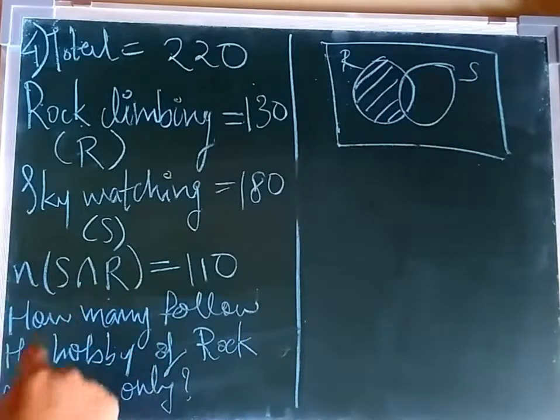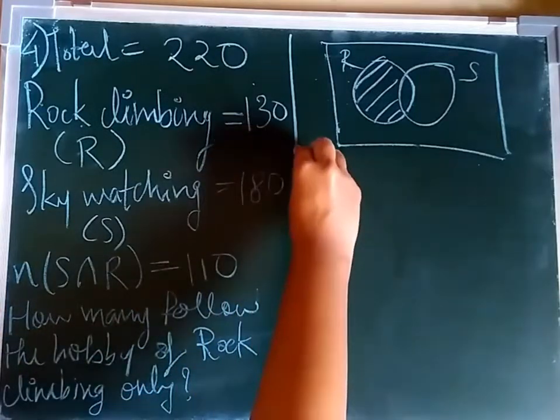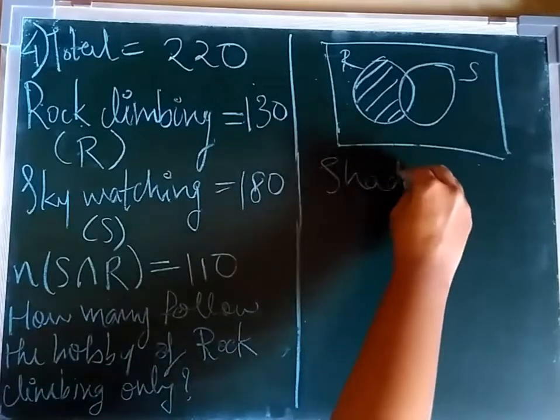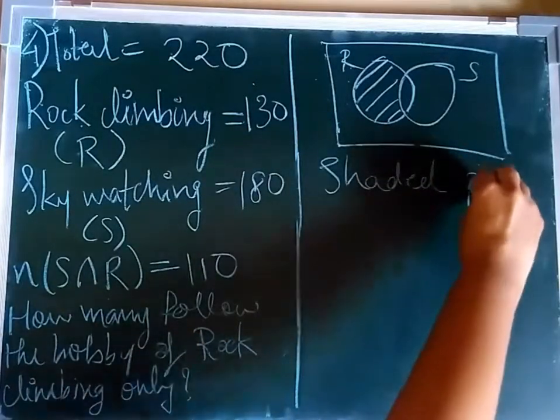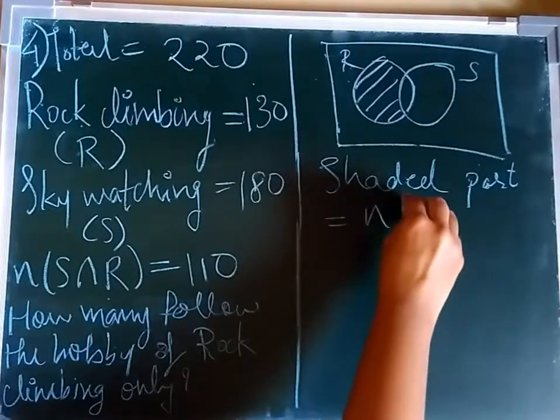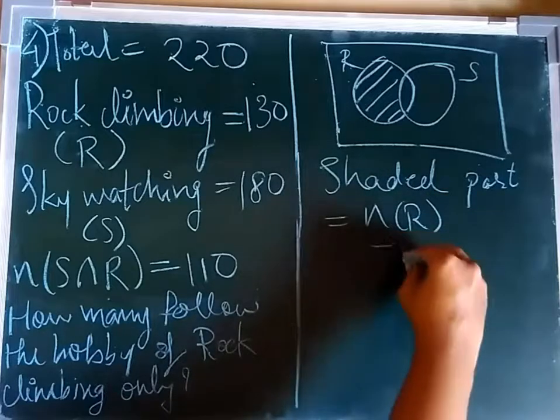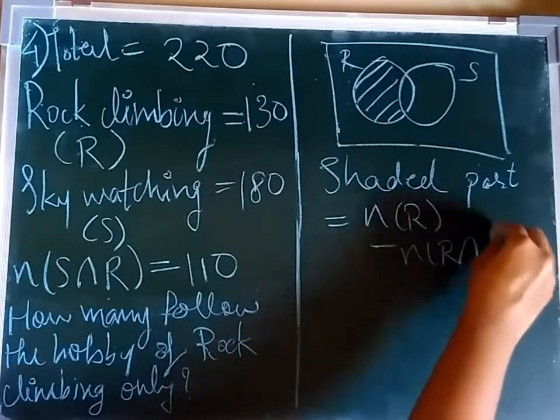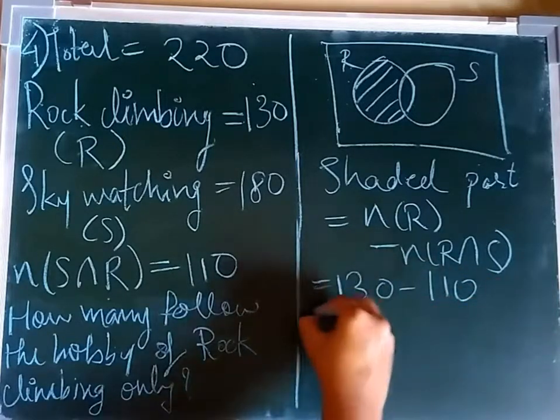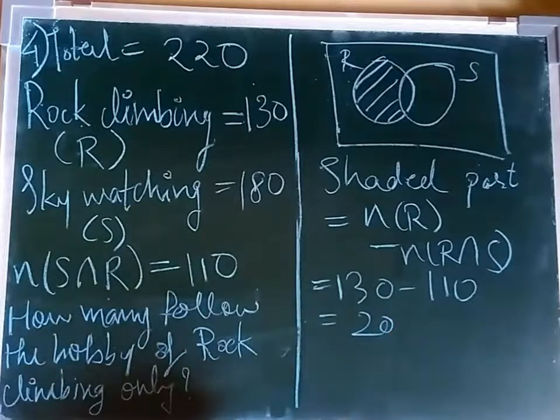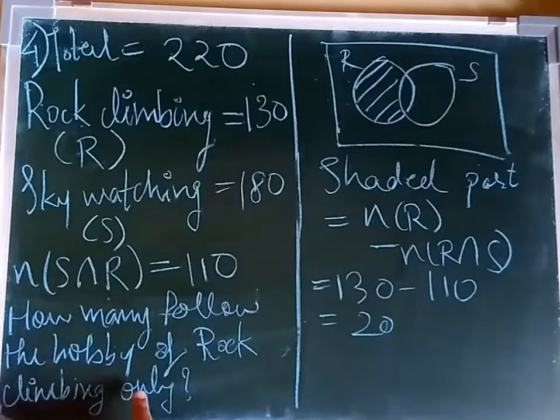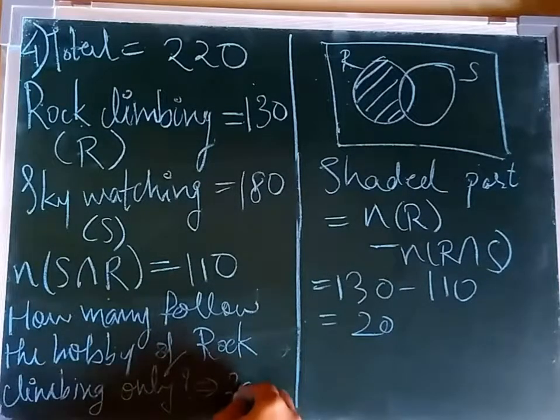It is S intersection R. So it's equal to n of R minus n of R intersection S. That will give 130 minus 110, and that is 20. So there are 20 students who have just rock climbing as their hobby. So we got this answer to be 20.